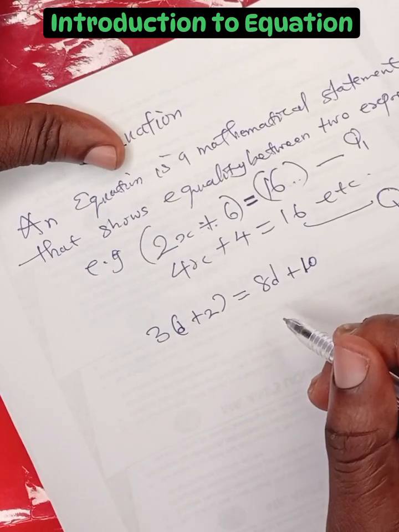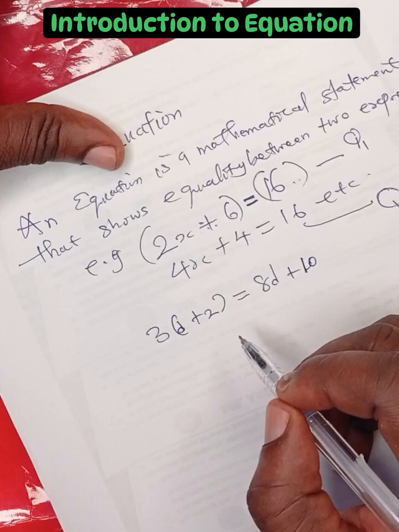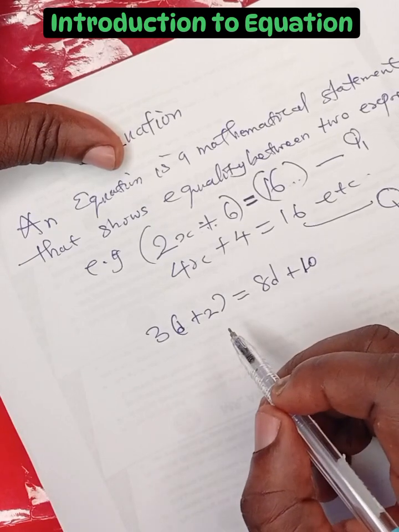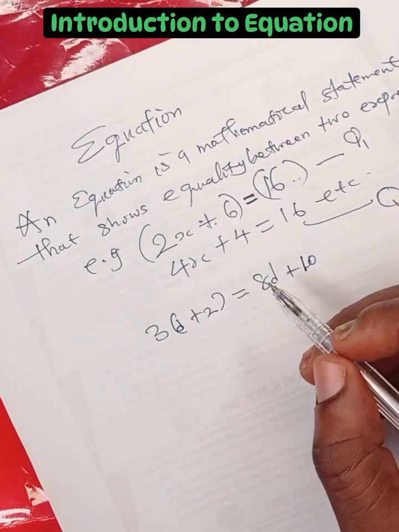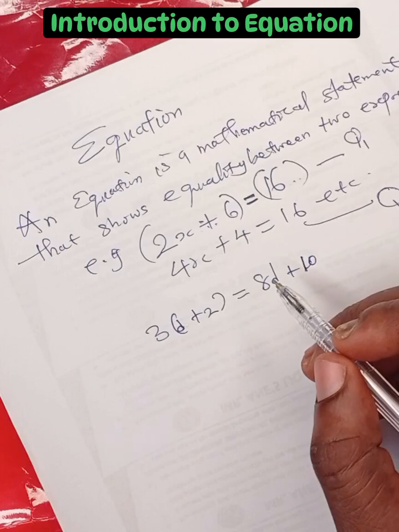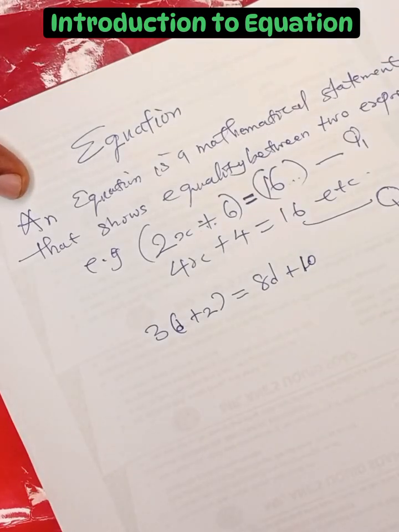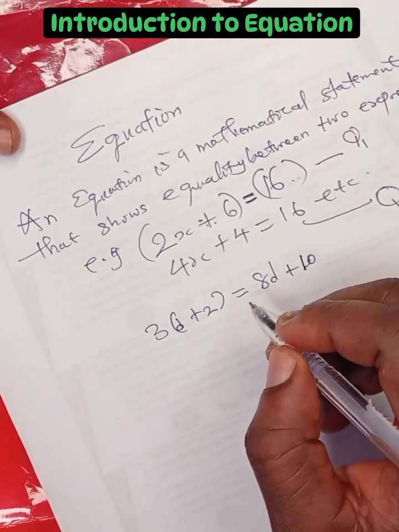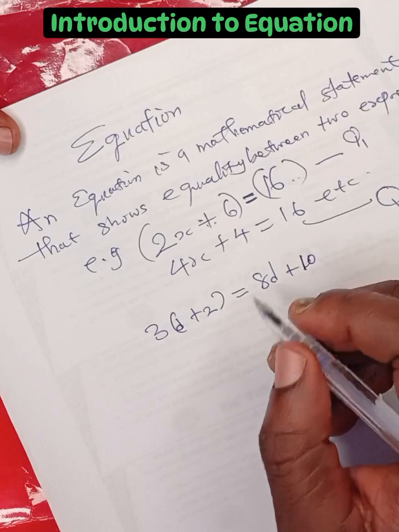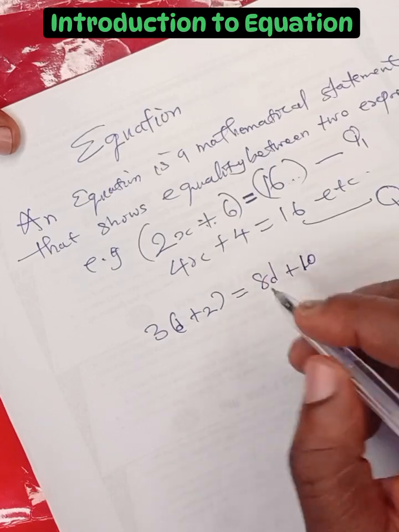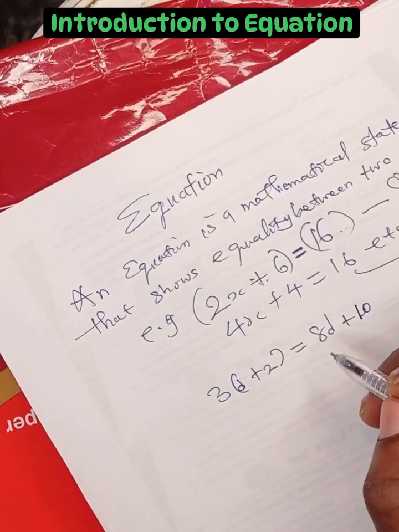It can take F, it can take Z. It's just that X and Y are commonly used. So I think that's all we should know about an equation and linear equation for now.